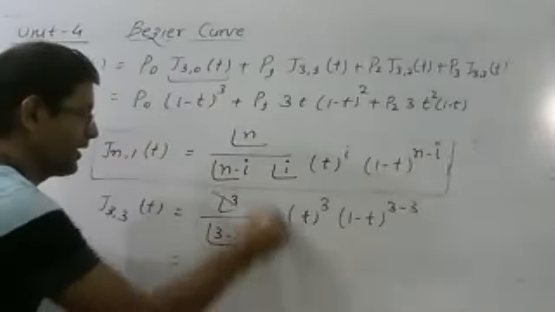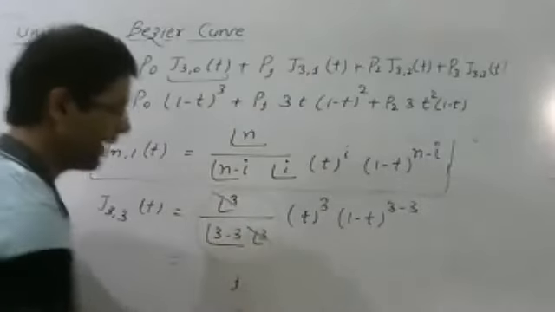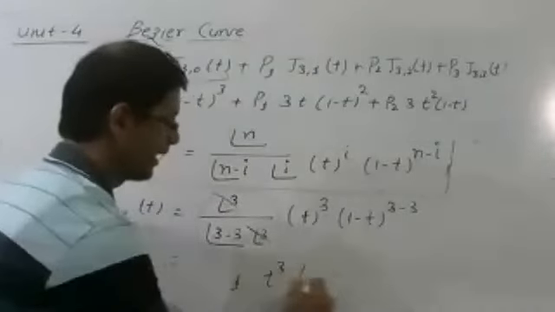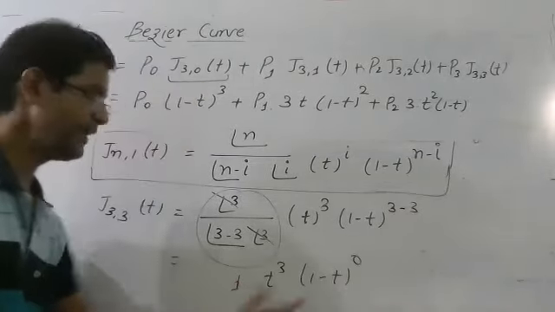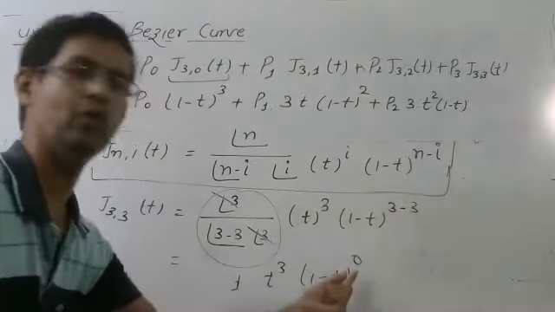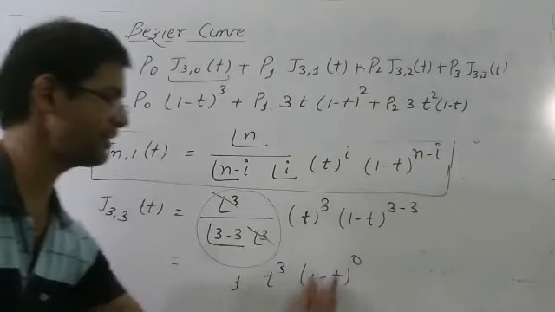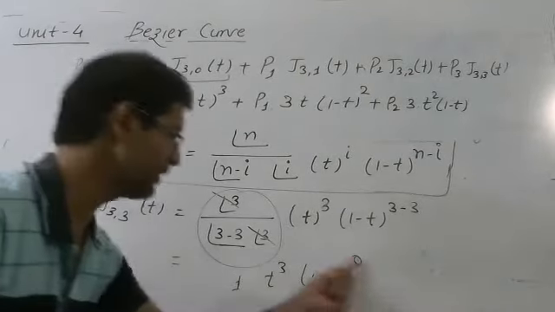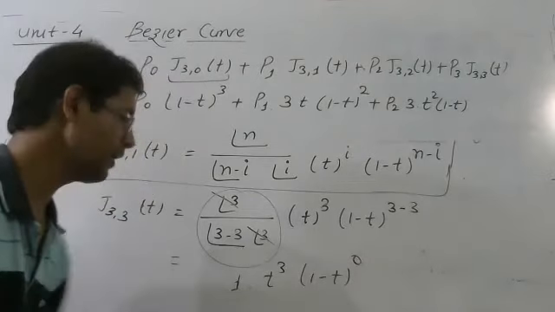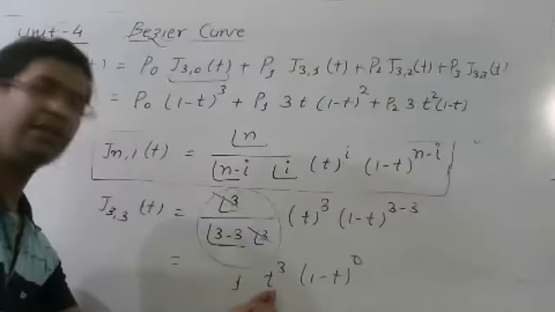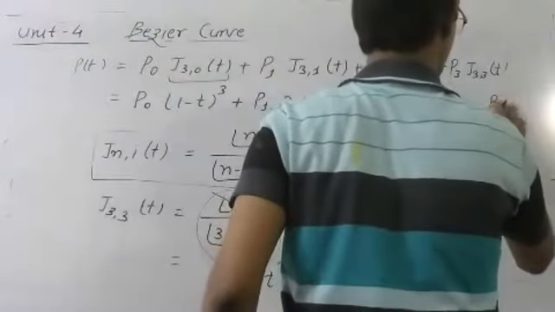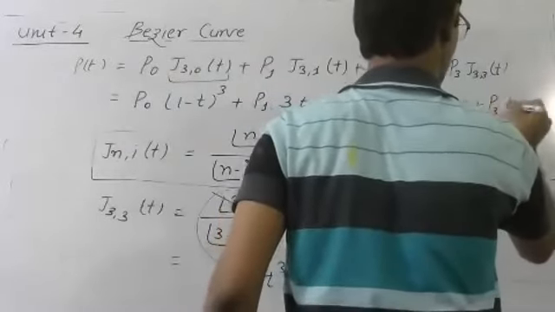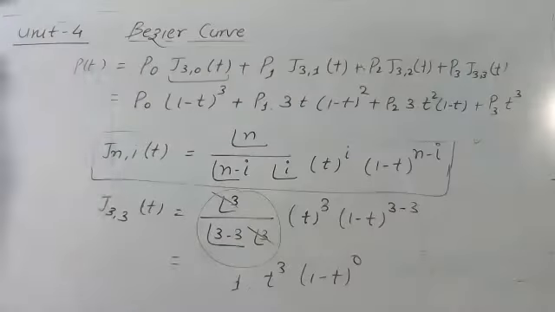So all this will become 1 multiplied by t cube and (1 minus t) to the power 0. 3 minus 3 is 0, and any value that has the power 0 will become 1. So this complete will become 1, and you will get t cube only from here. So P3 multiplied by t cube. So this is the final equation of Bezier curve.